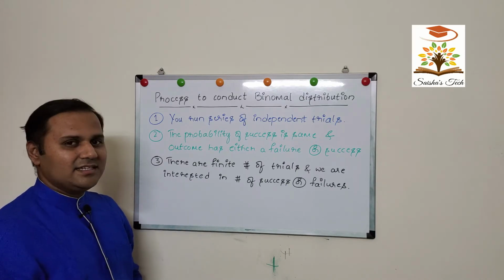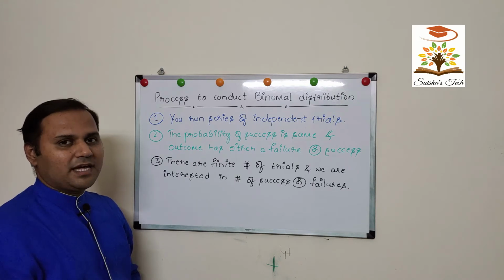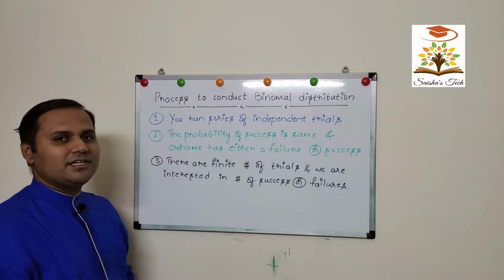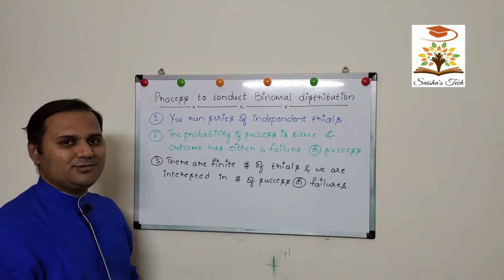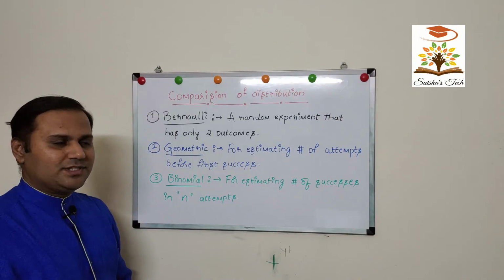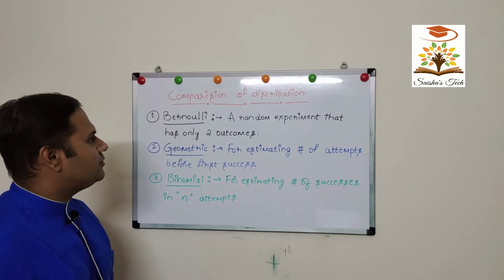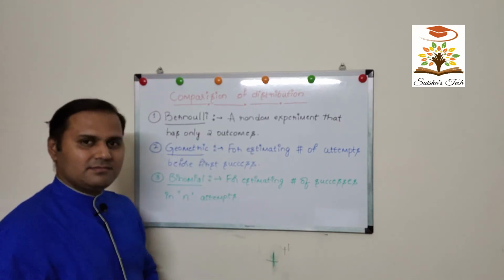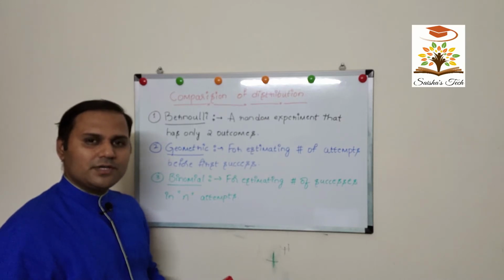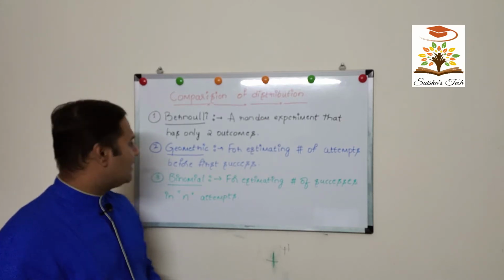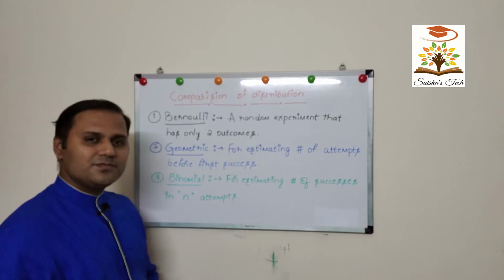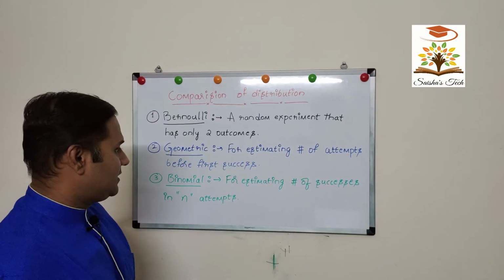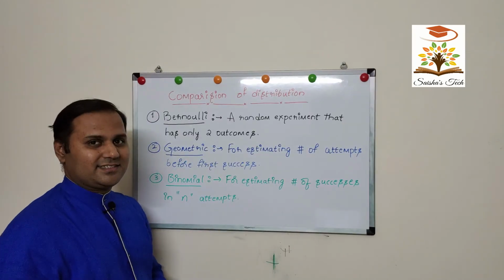Let us understand the difference in parameters between the Bernoulli's distribution, geometric distribution and binomial distribution. Comparison of the distributions: in Bernoulli's distribution, we have one experiment which has only 2 outcomes, yes or no, failure or success, etc. In geometric distribution, we are estimating the number of failures before the first success.